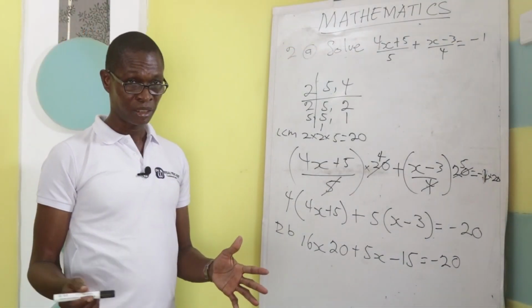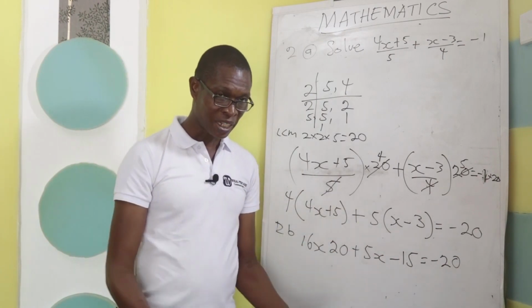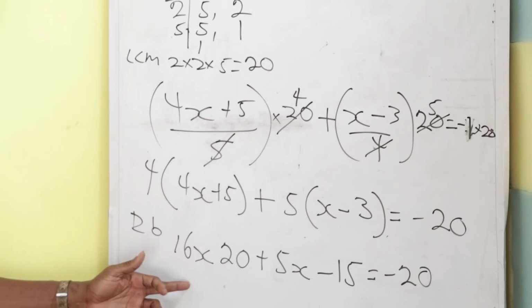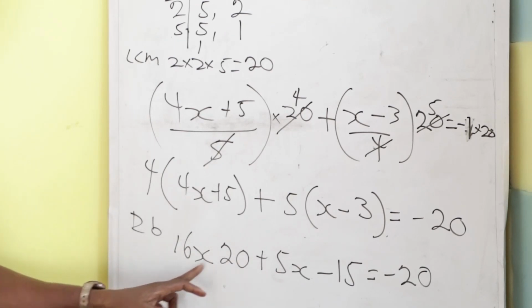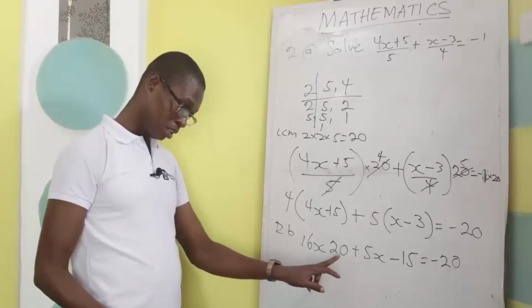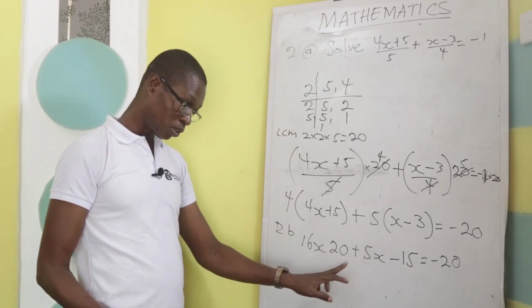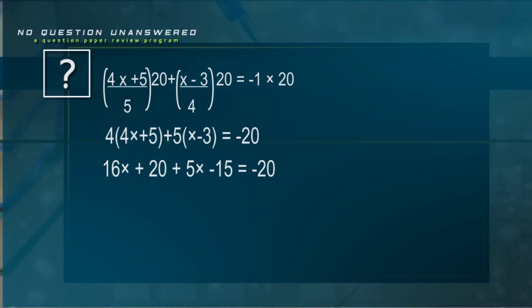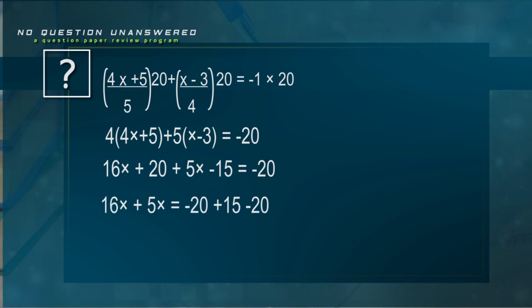What do you do next? Group like terms. What are like terms here? 16x, 5x, I mean, are like terms. These are constants, so you send them also to their respective parts. So quickly we can write 16x plus 5x equals minus 20.